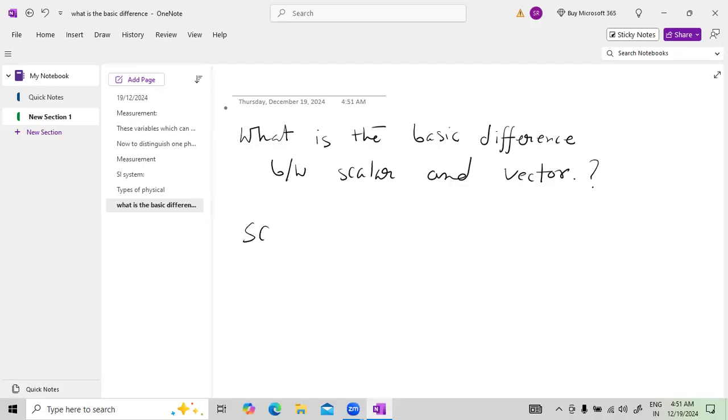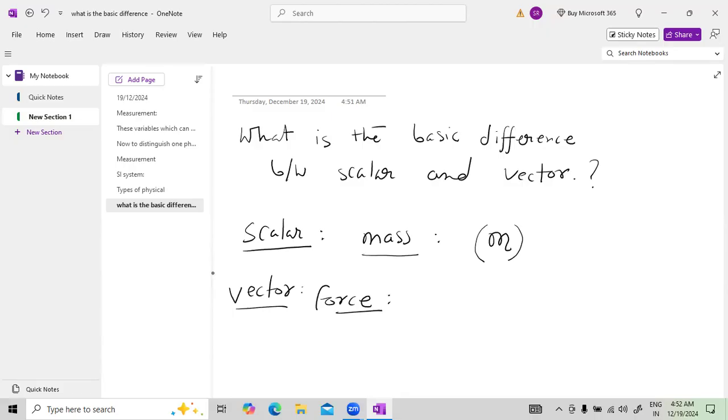For scalar, let's suppose mass. We need to have one variable, let's suppose m. This is one fixed variable. For vector, let's suppose force. We need to have three variables at a time. It is fx, fy, and fz.